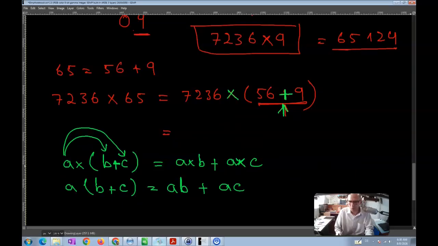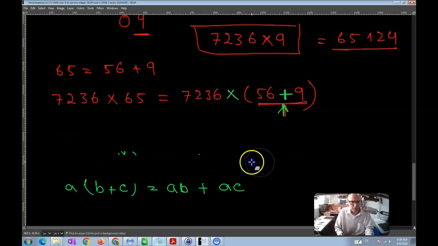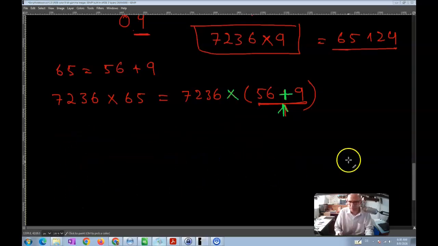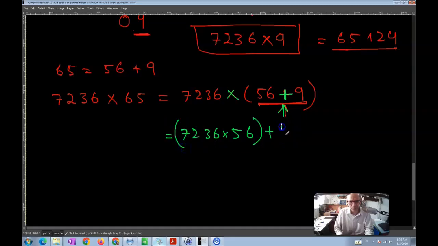Okay. So based on this, we can say that this part of the calculation is essentially 7,236 times 56 plus, this is one part, 7,236 times 9 basically, right? And this is the same thing as 7,236 times 65.